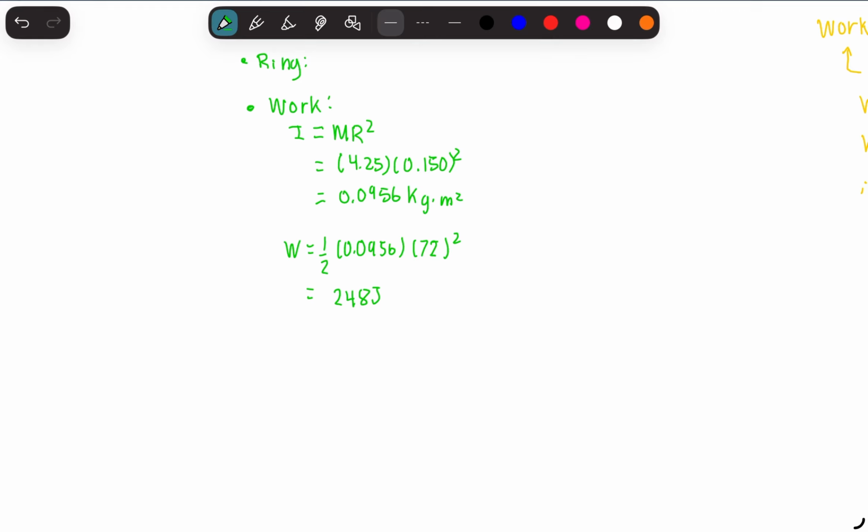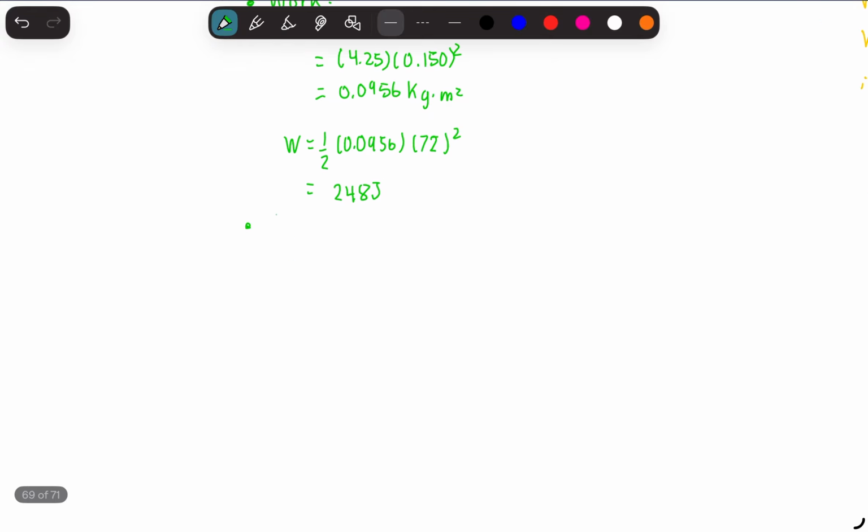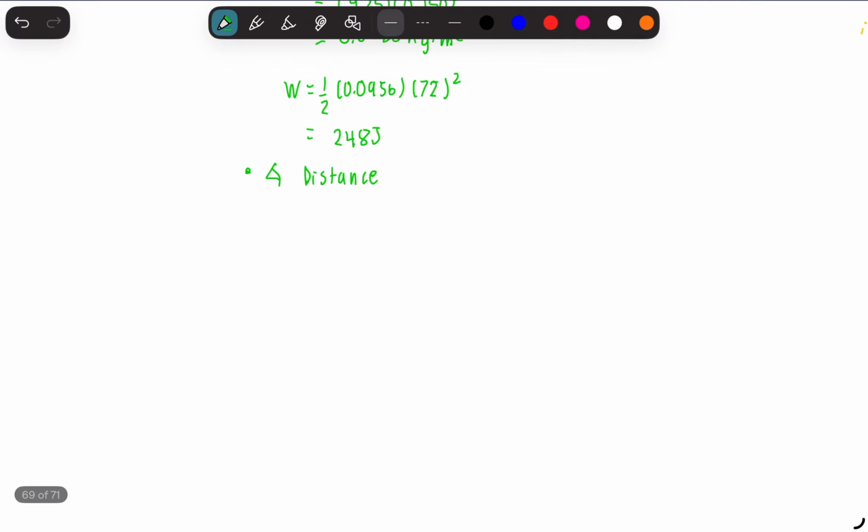After we found the work, we can also find the angle distance.